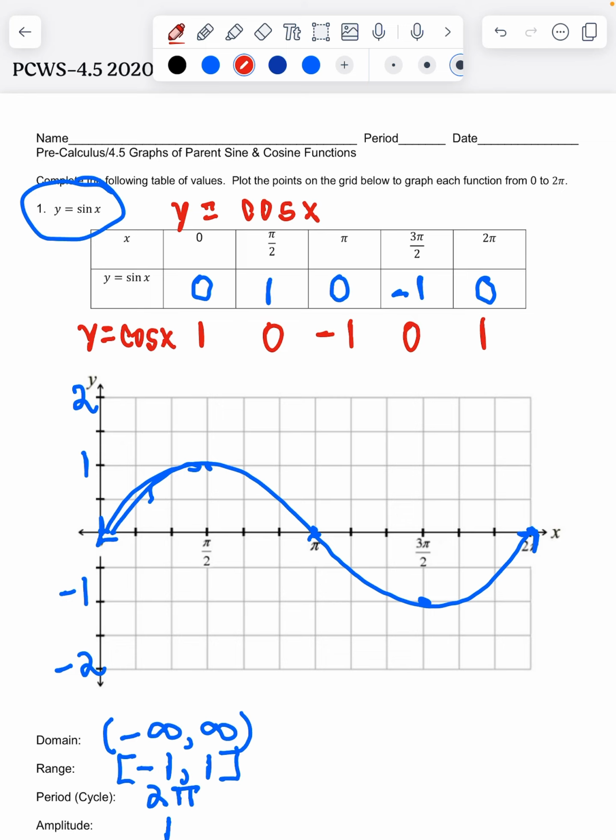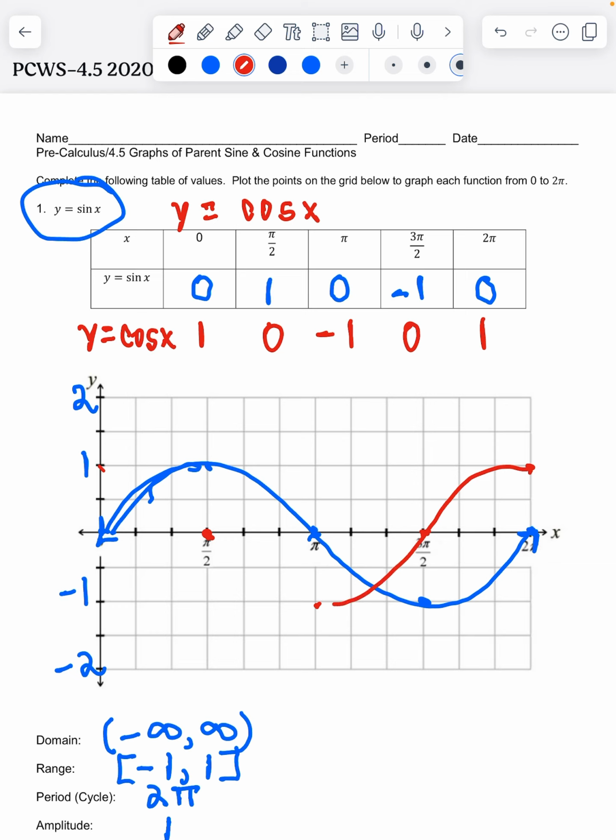So when I graph the cosine graph, at 0, I'm at 1. And then at pi over 2, I'm at 0. Then at pi, I'm at -1. 3 pi over 2, 0. And then at 2 pi, we are back at 1.